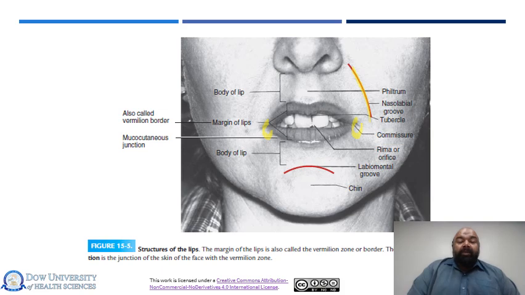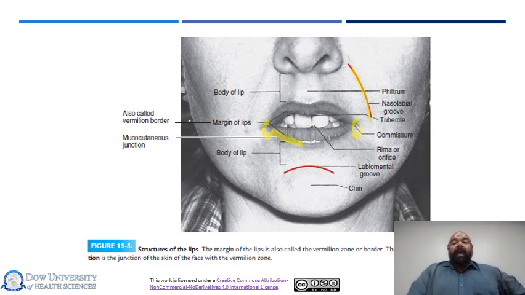Now there's another terminology which is used, known as the mucocutaneous junction. The junction where the lip meets the skin of the face is known as the mucocutaneous junction. So this is just another picture to get a better understanding of all of these structures and their respective terminologies.